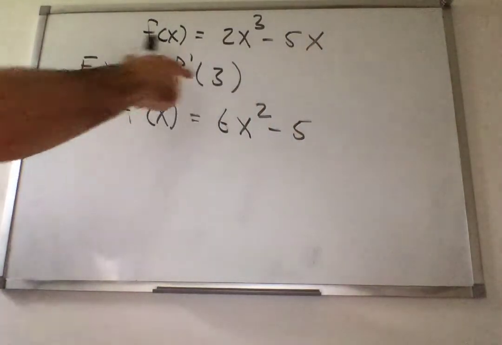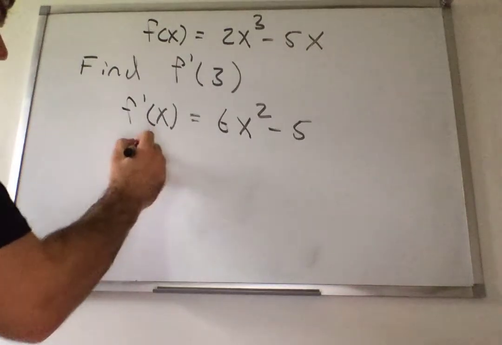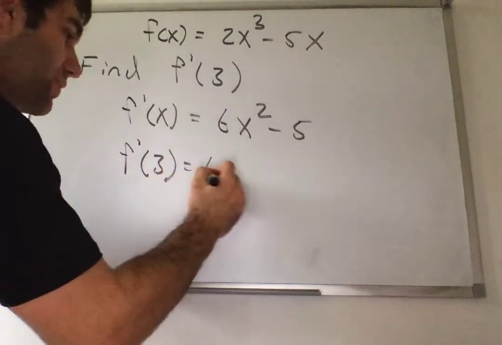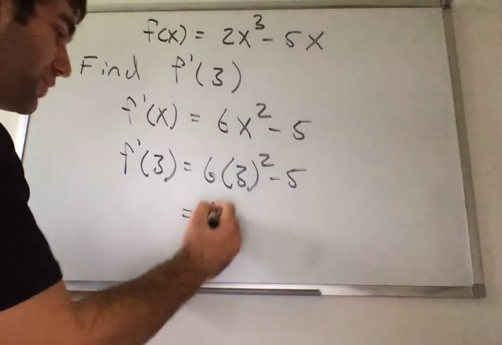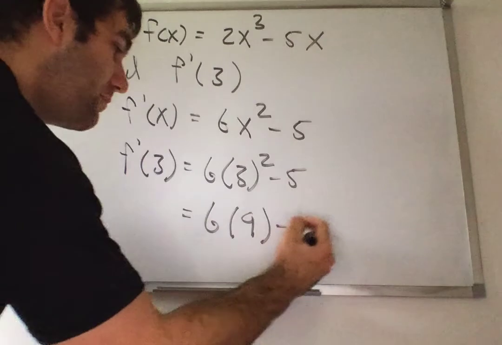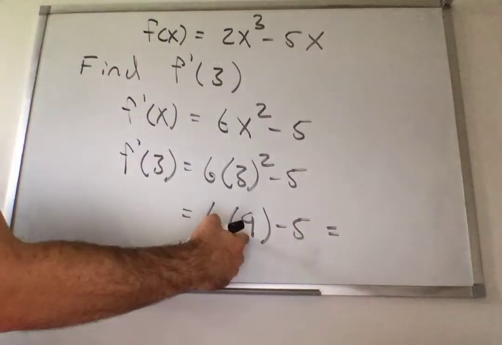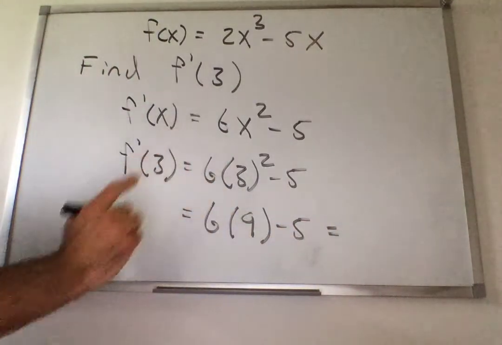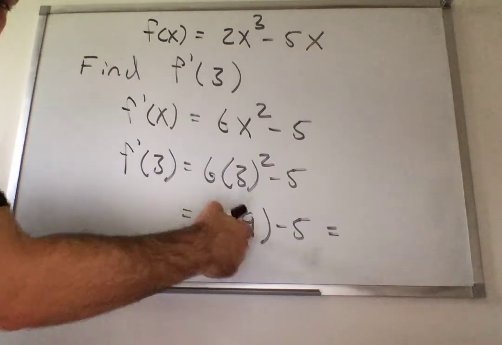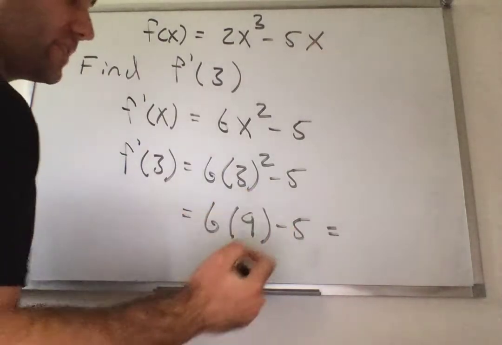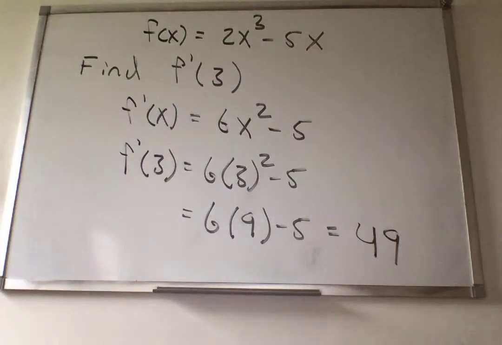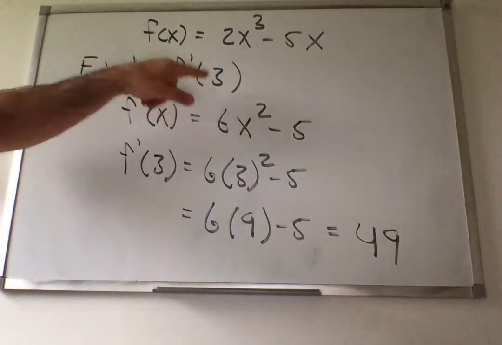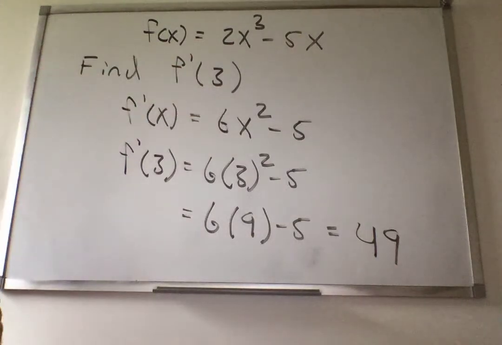So now, we just need to plug in 3 into the derivative. f prime of 3 is equal to 6 times 3 squared minus 5, which is equal to 6 times 9 minus 5, or sorry, not 45, 54. 6 times 9 is 54. 54 minus 5 is 49. Okay, so this is doing it by hand. This is finding the derivative at a specific point.